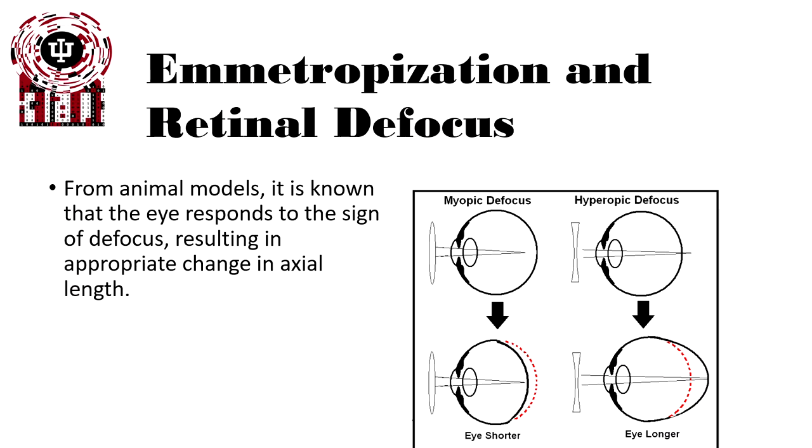We know from emmetropization experiments that the retina responds to defocus and specifically the sign of defocus. If we place the image in front of the retina, the eye will either grow or stop growing to compensate for this, thereby optimizing vision. Conversely, if we have a hyperopic defocus or an image behind the retina, the eye will grow in length to meet that focal position and maximize vision.